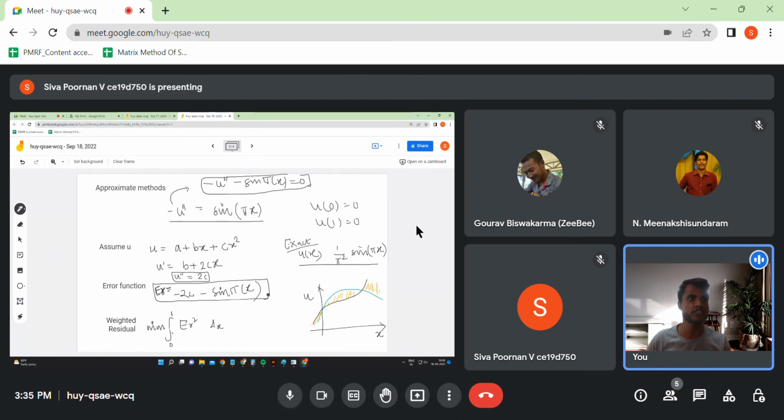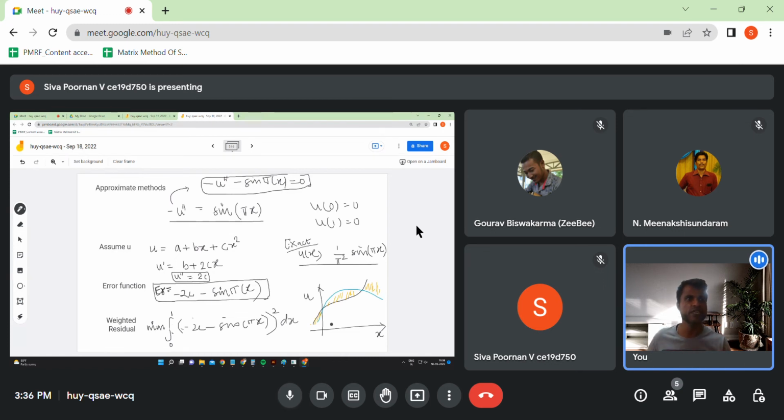So what the error is is already known to us, so we can just take the square of this. So I can write it as 2c minus sin pi x, the whole square dx. I have to minimize this. If I have to minimize this, minimize with respect to what?